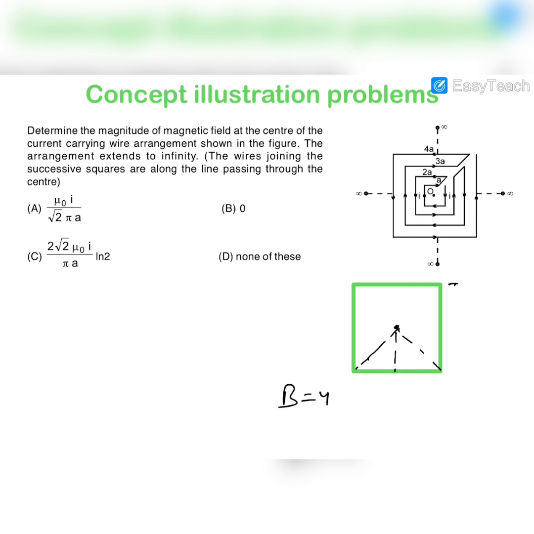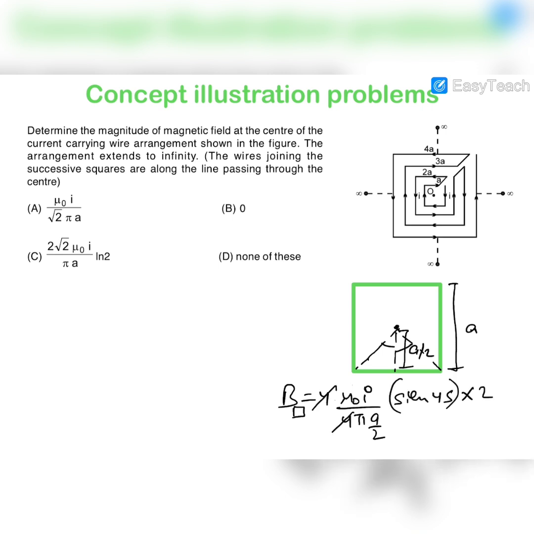If the side of the square is A, then this distance will be A by 2, and these angles will be 45 degrees. So it would be 4 times mu naught I by 4 pi A by 2 and sine 45 into 2.